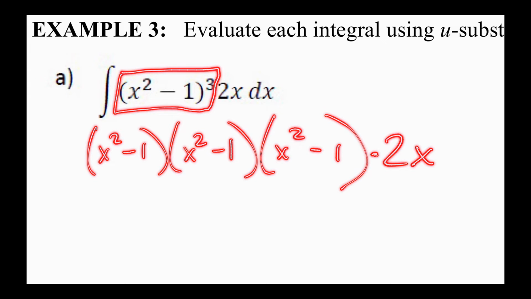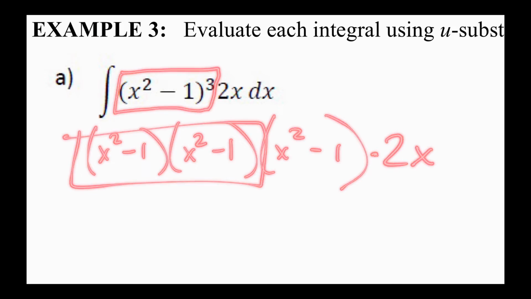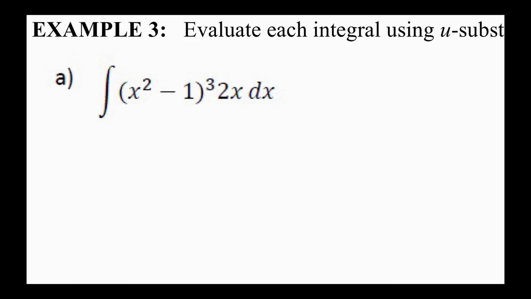So I would use FOIL here, and then use FOIL one more time, and then distribute, right? You could do that. It would take you some time, though. Whereas U-substitution can do all of that without it, okay? So we're going to use this. Even though this is a power rule problem you could do, I'm not going to use the power rule, okay?